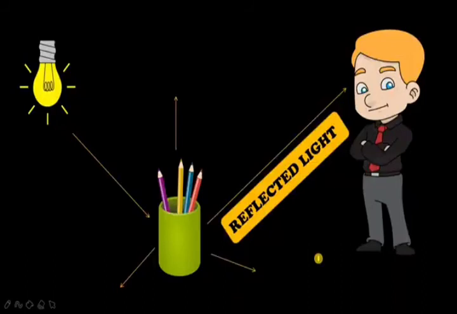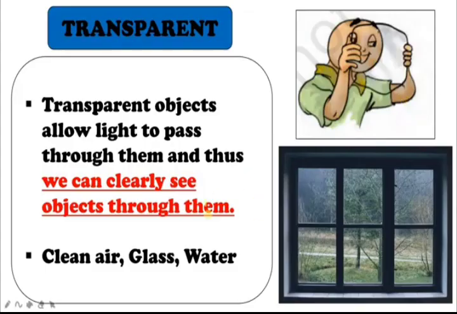How does it become transparent? The light should reflect back to your eyes. So once the light falls on a particular body, it should reflect back. So that should happen in the case of transparent objects. These objects allow light to pass through them, and then only can it reflect back.